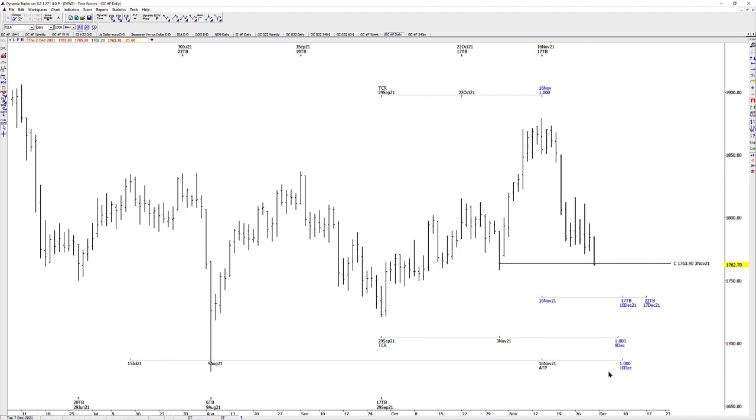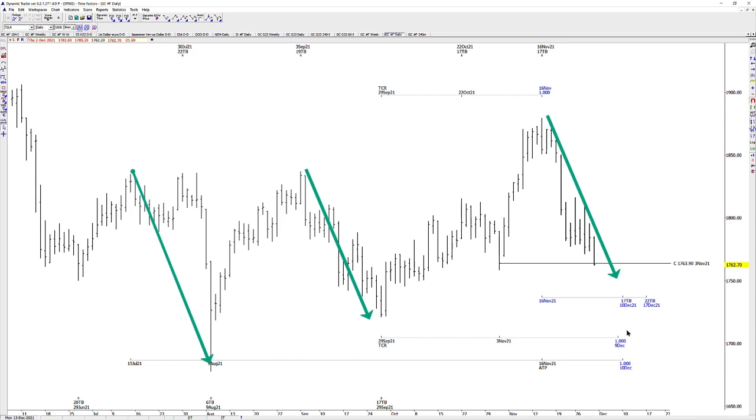Guess what? This decline was actually 17 trading days also. That's why it falls on December 10th, the 17-day count from this high. So this was 17 days net decline, 17 days down, of course, 17 up, and then 17 to the next high.